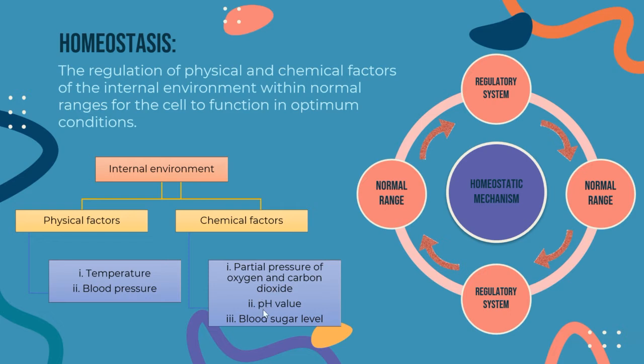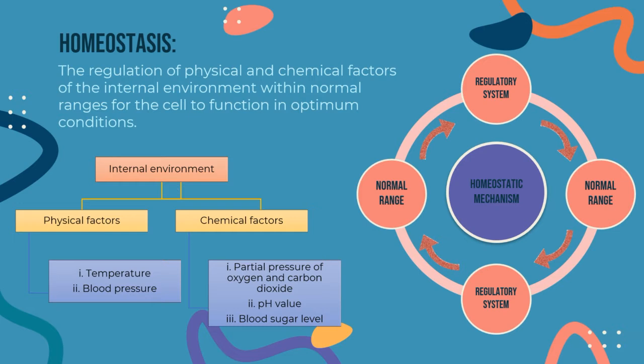Alright, so the pH value depends on the hydrogen ion inside our blood, right? And then also the blood sugar level or the blood glucose level. Okay, so all of these are examples of the chemical factors. So these two factors affect the internal environment.